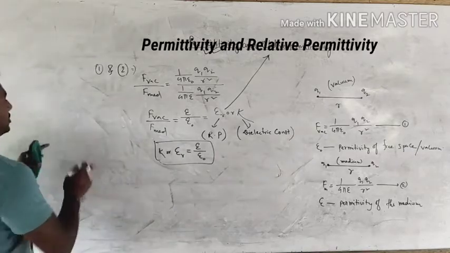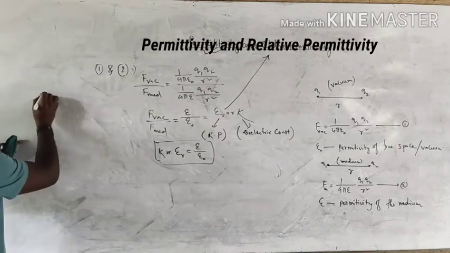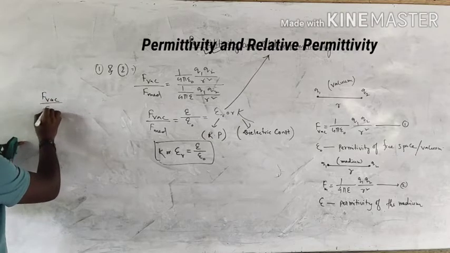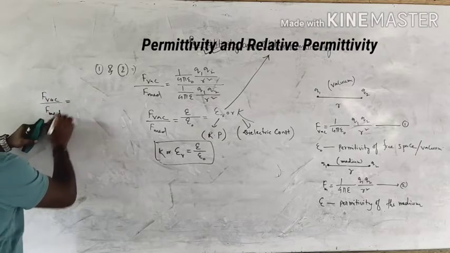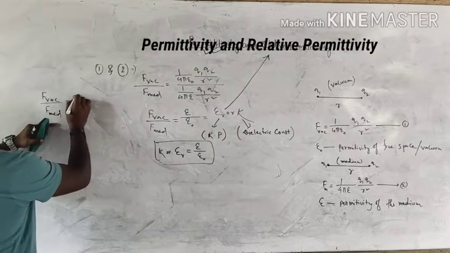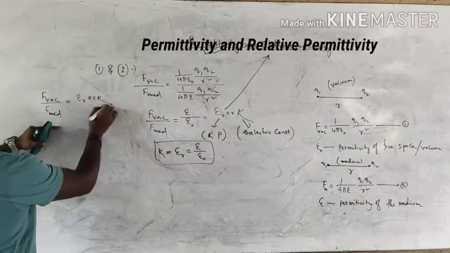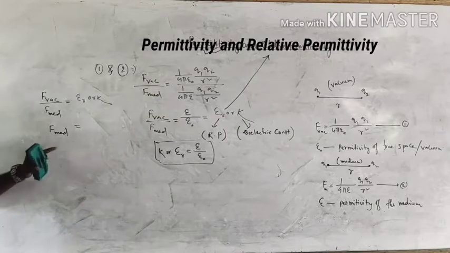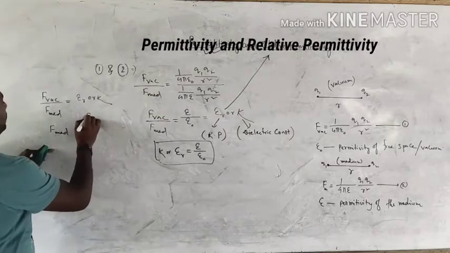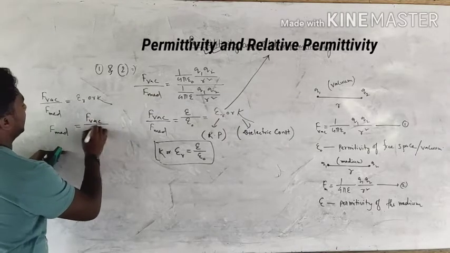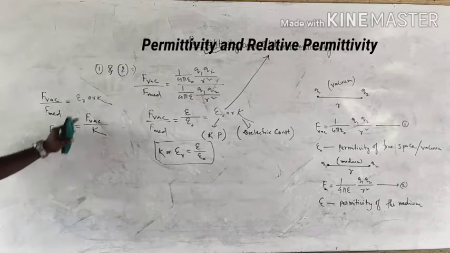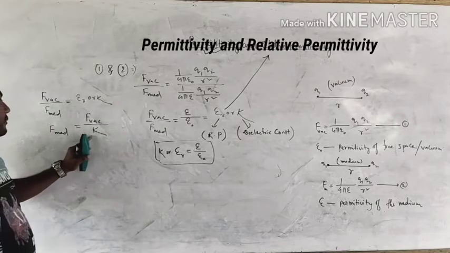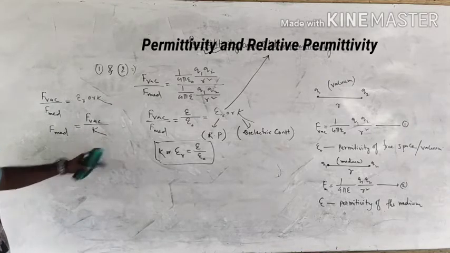Okay. Now F vacuum divided by F medium is equal to epsilon R, or we can say K. So can you find the value of F medium? Yes. It will be F vacuum divided by K. F medium equals F vacuum divided by K, isn't it?